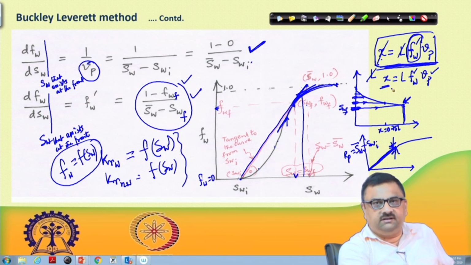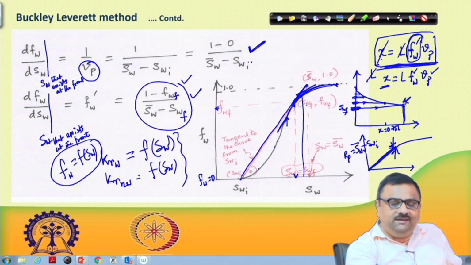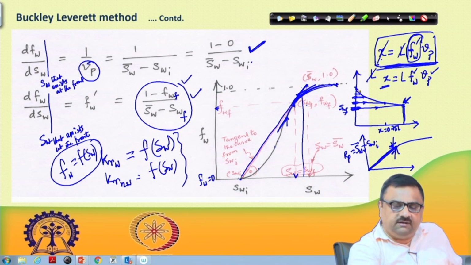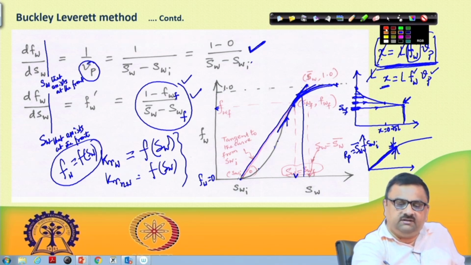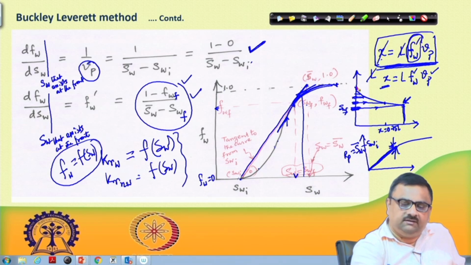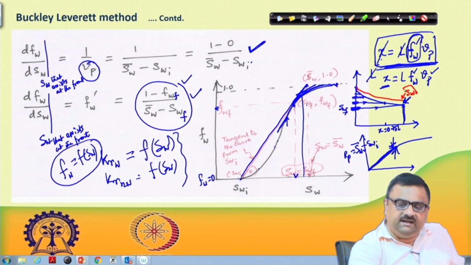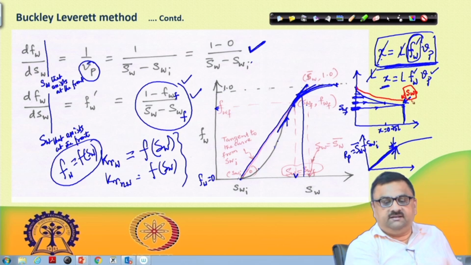So, this is something one needs to do for finding out these locations. Now suppose the front has reached the outlet, and you have already found these curves. When you go beyond this point, when this front has travelled out, further water was injected. At that time the saturation profile will take a shape something like this. Here the SW will be higher, not SWF.